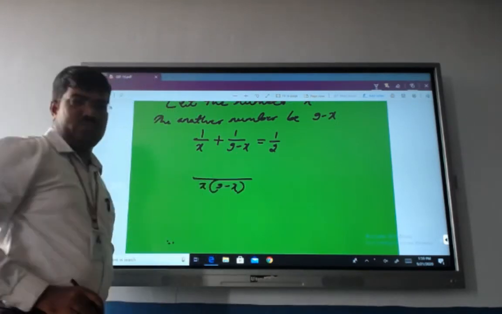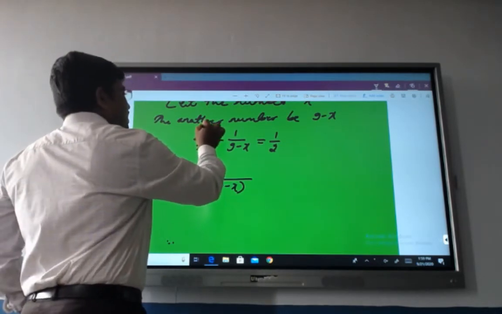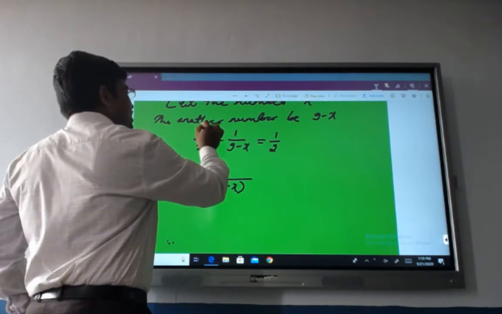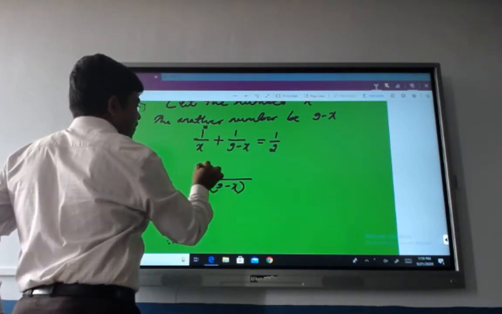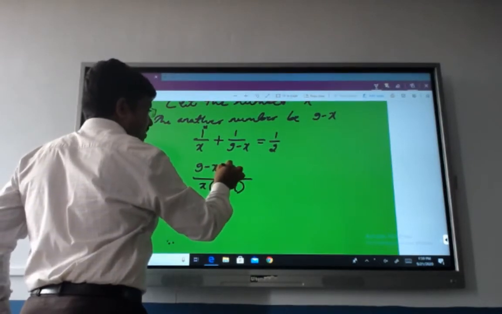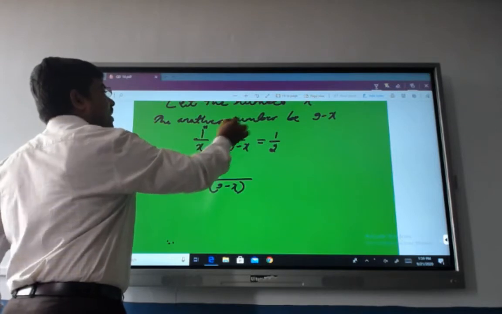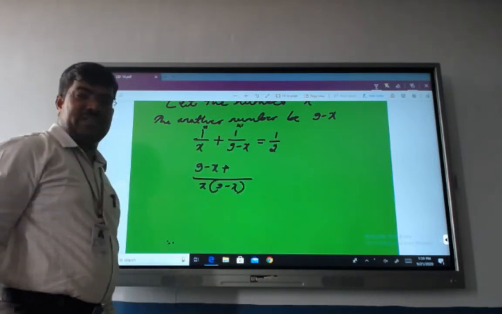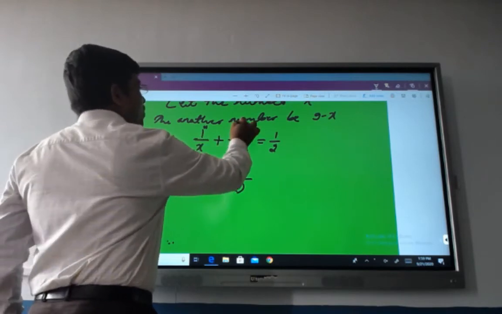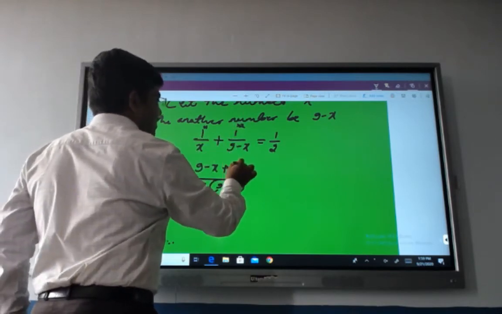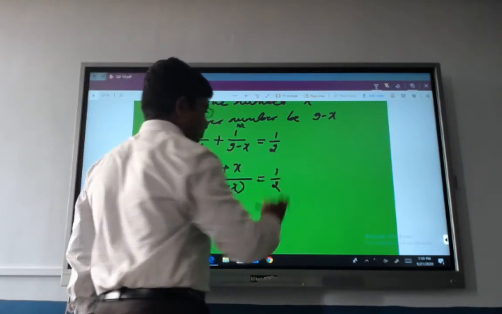Then in the numerator, 1 multiplied by 9 minus x gives 9 minus x, plus, because of the sum, 1 multiplied by x gives x, equal to 1 by 2.